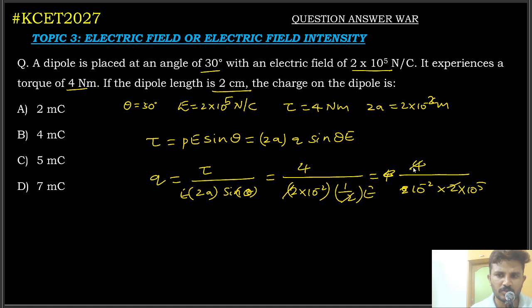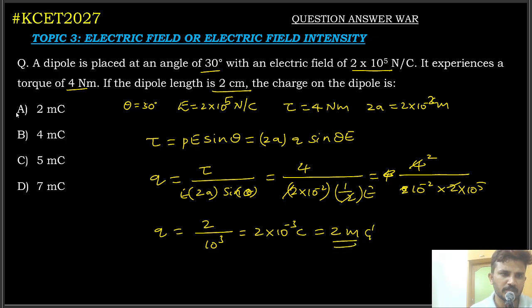So Q is equal to 2 divided by 10 to the power 3, that is 2 into 10 to the power minus 3 coulomb. That is 2 millicoulomb. Option A is correct.